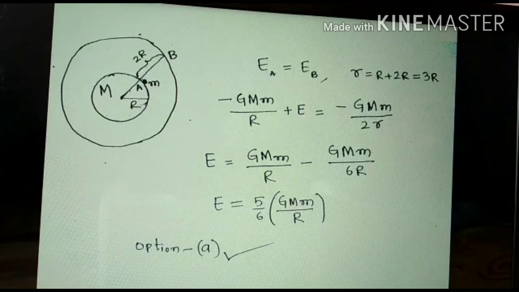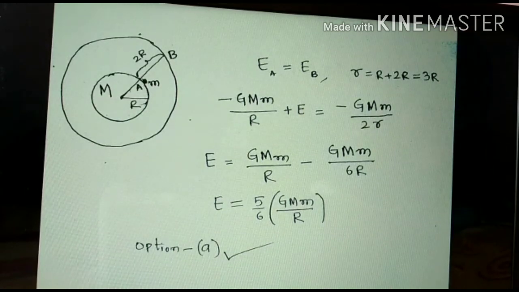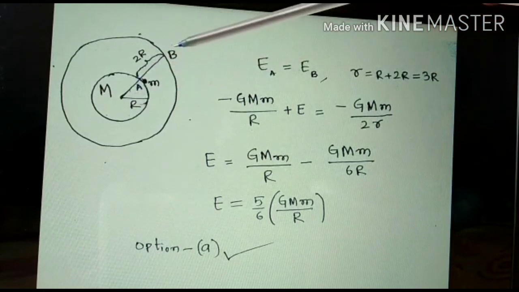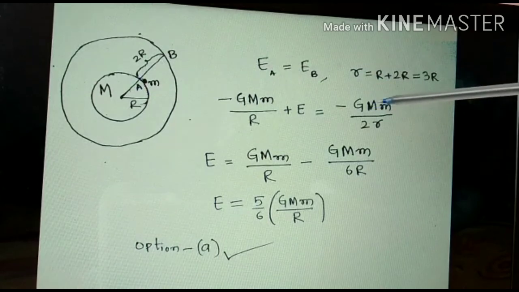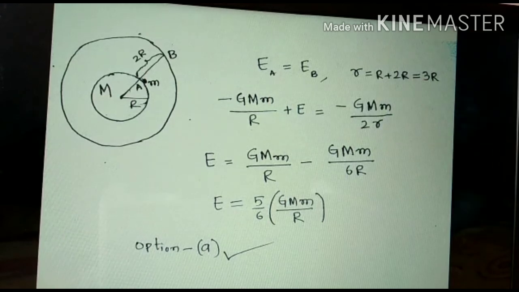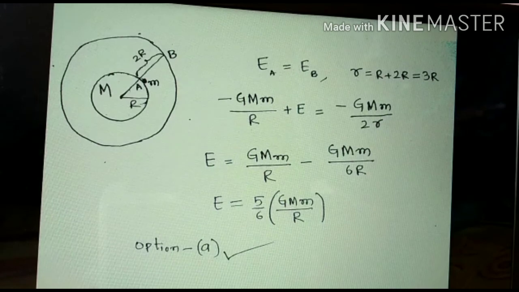The potential energy formula is simple: minus G m1 m2 by R. So if you take potential energy from the center to B, it is supposed to be G capital M small m by small r, but I am writing it by 2R. Why by 2R? This is the reason: X minus 2X equals minus X. The magnitude of potential energy is double the total energy.